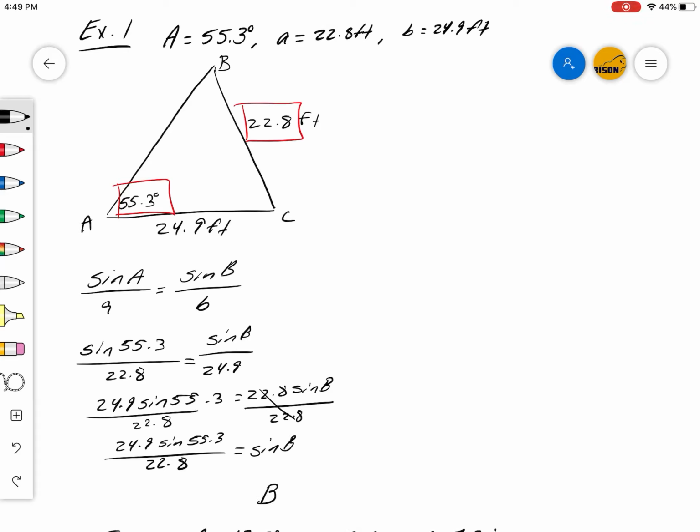So B is going to be equal to the sine inverse of this whole thing, 24.9 sine 55.3 all over 22.8. Give me just a second, I'm going to type that in. So I've got sine inverse of 24.9 sine of 55.3, and that's all over 22.8.